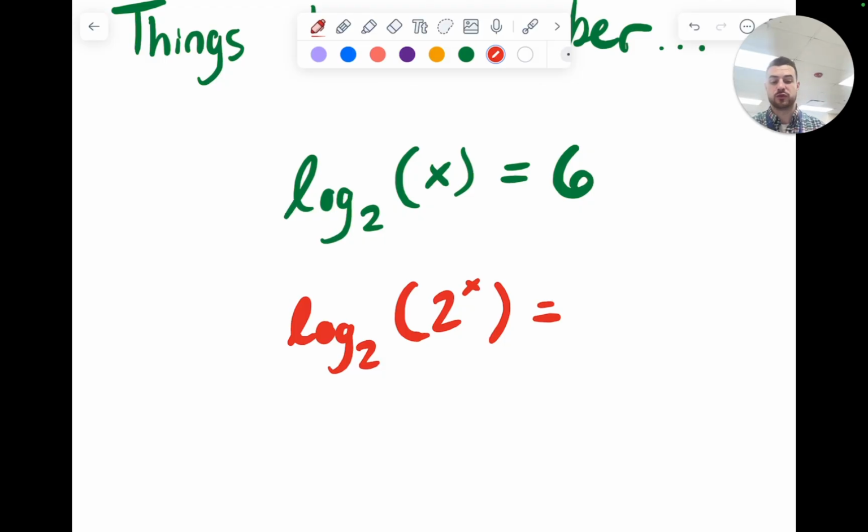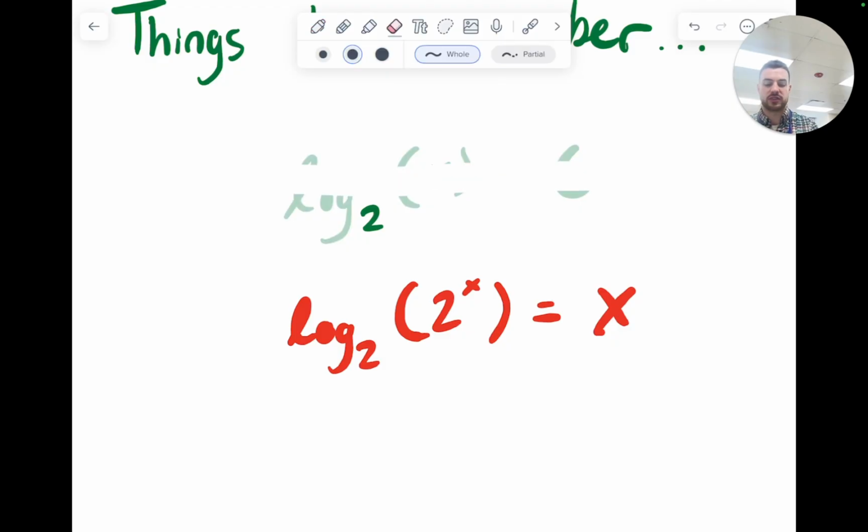When we had a log with the same base as an exponential, they would cancel each other out, and whatever we had left was our solution. So keep in mind that logs and exponentials are inverses of each other, so they are going to undo each other.